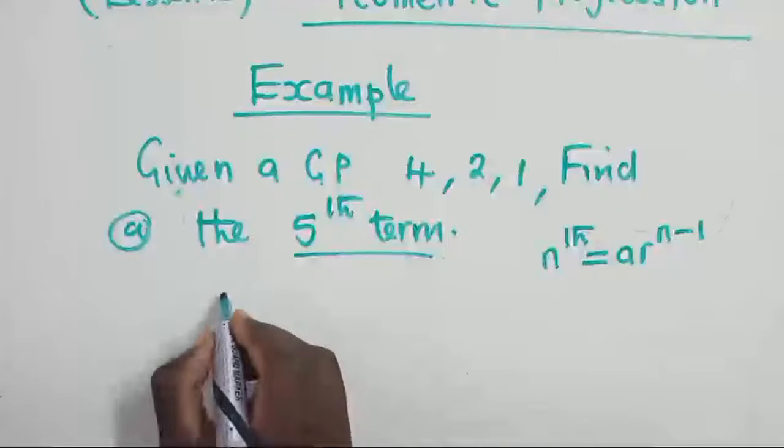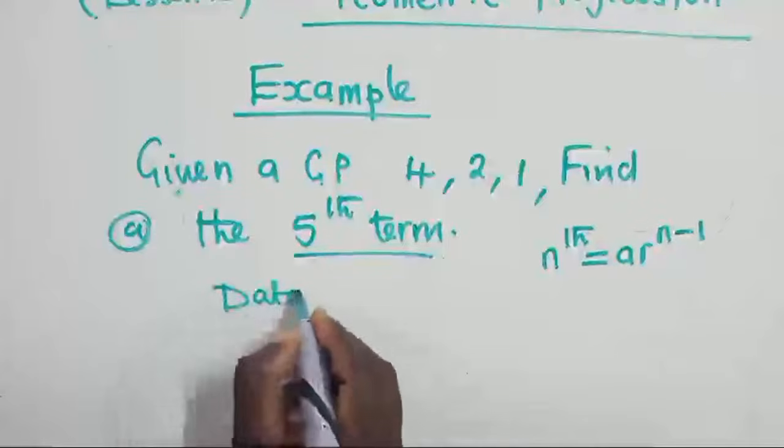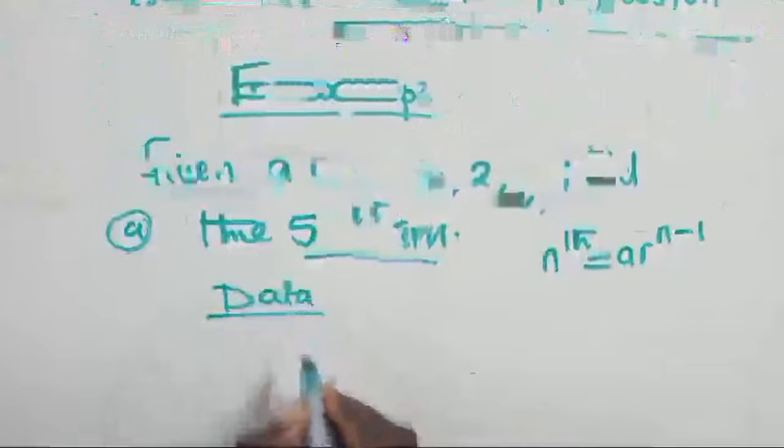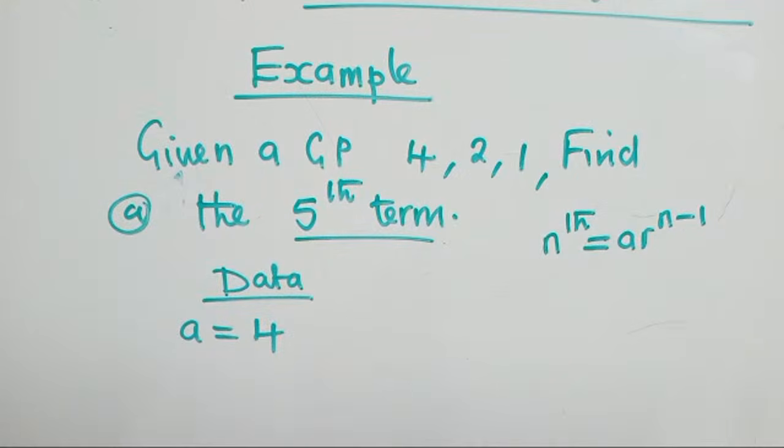So let's gather our data. Very important. What is our A? Our A is 4. Remember I said it's the number at the starting point of the sequence.